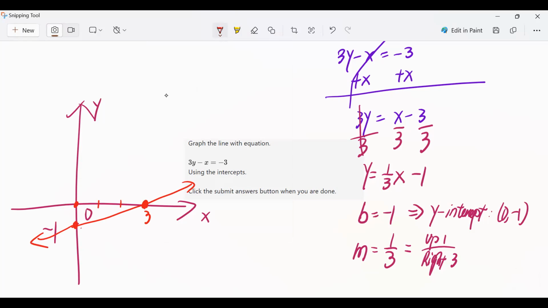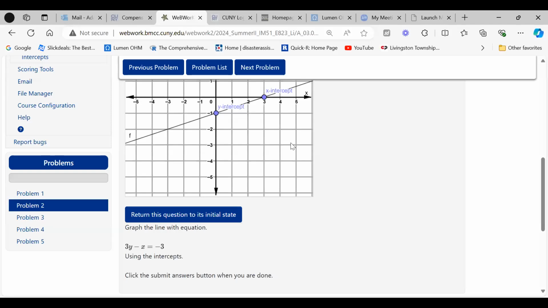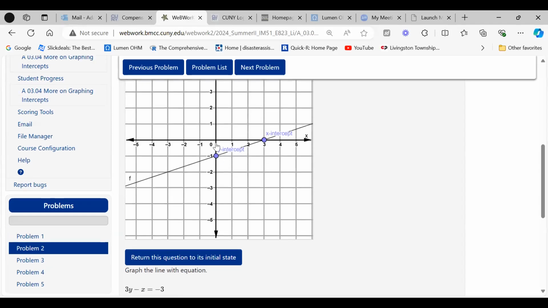Okay, so we get a line, and it looks exactly the same as the other line we have. Go up 1 unit, go to the right 3 units, and you get the x-intercept. I connect them.